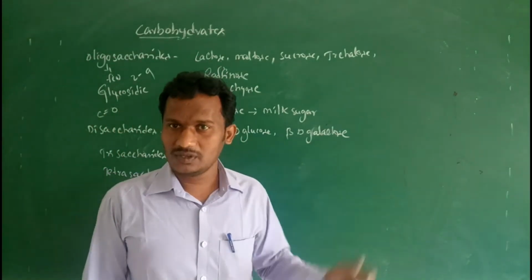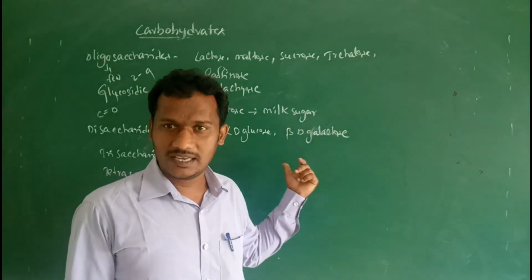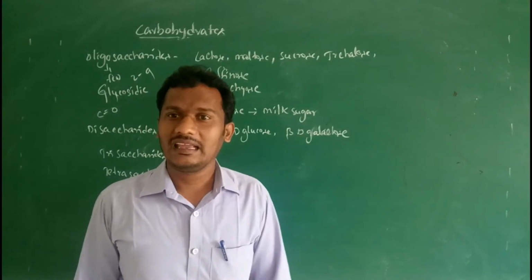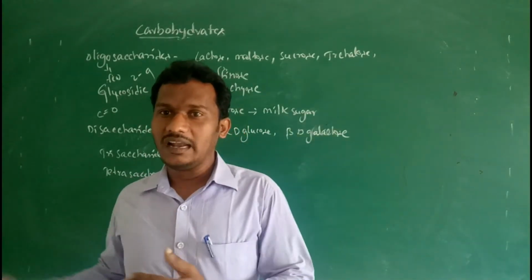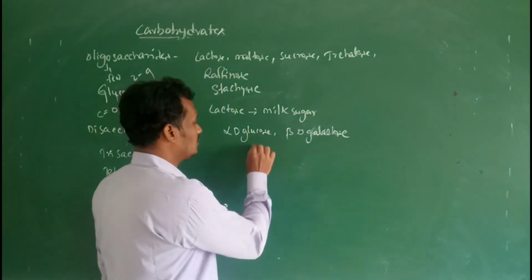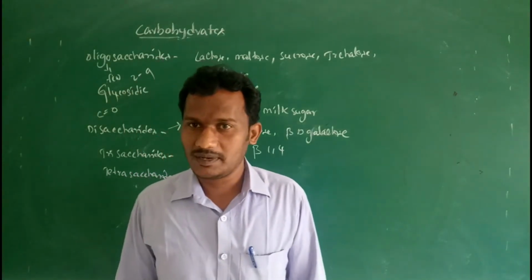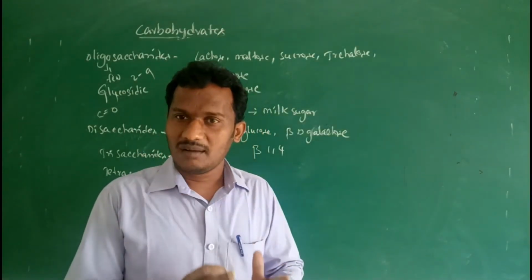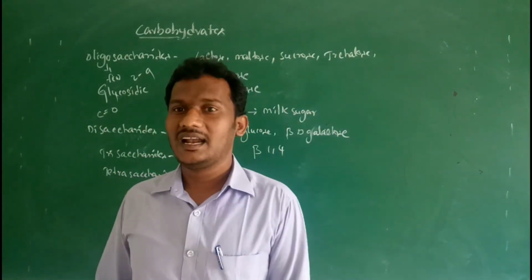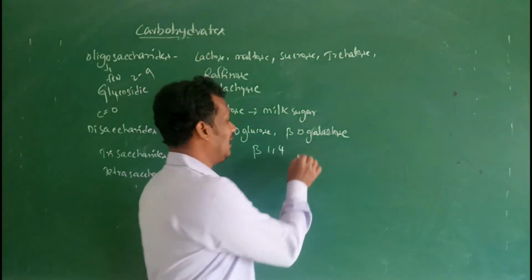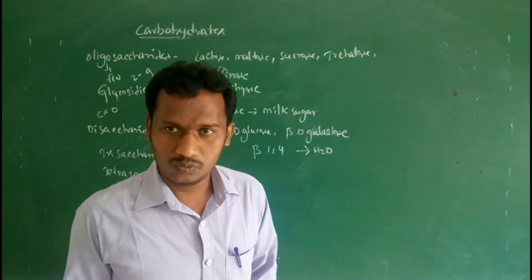So in lactose, two monosaccharide sugars are present. The first one is a glucose sugar, the second one is a galactose sugar. These two are joined by a glycosidic bond. It is a beta 1,4 glycosidic bond, that means the first carbon of one monosaccharide and the fourth carbon of the second monosaccharide, by the elimination of a water molecule, H2O.